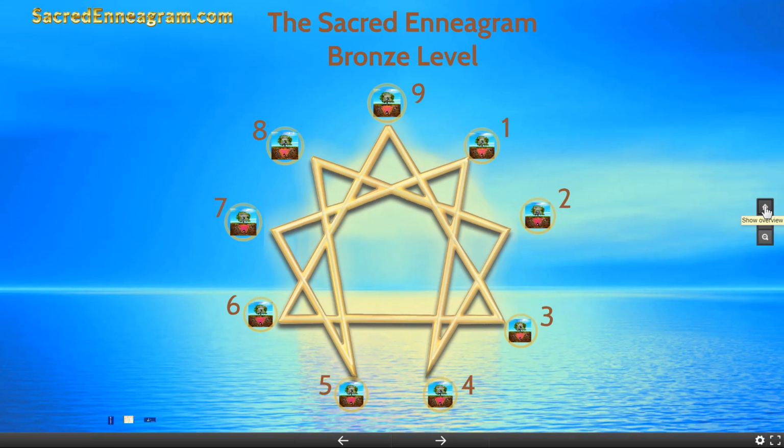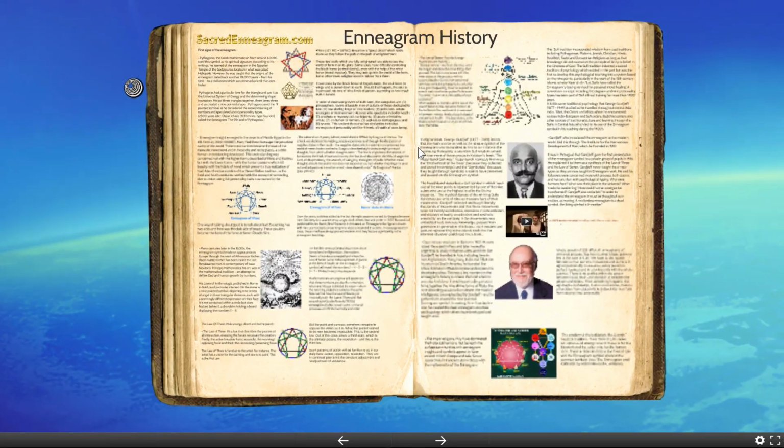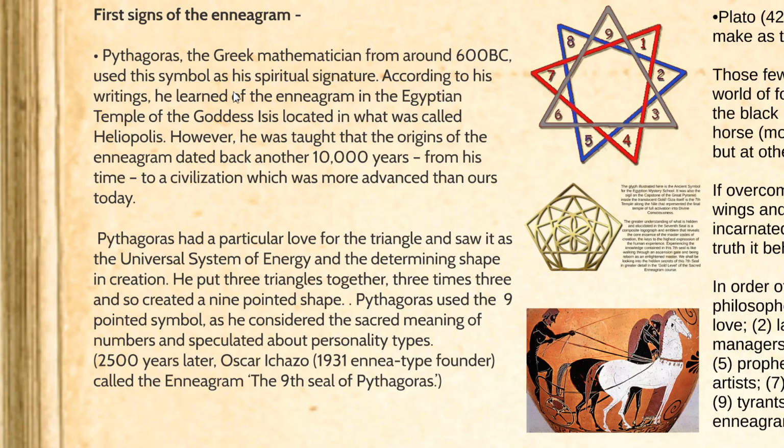Zooming back out, this Enneagram map goes into the history as well, which is just here, Enneagram history, and goes into great detail about all the historical attributes of the Enneagram, starting with Pythagoras.